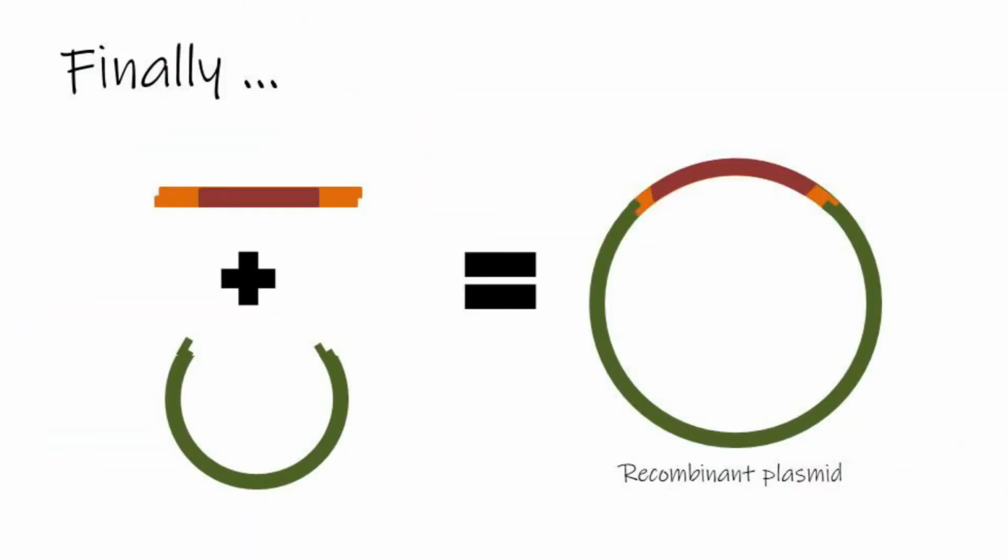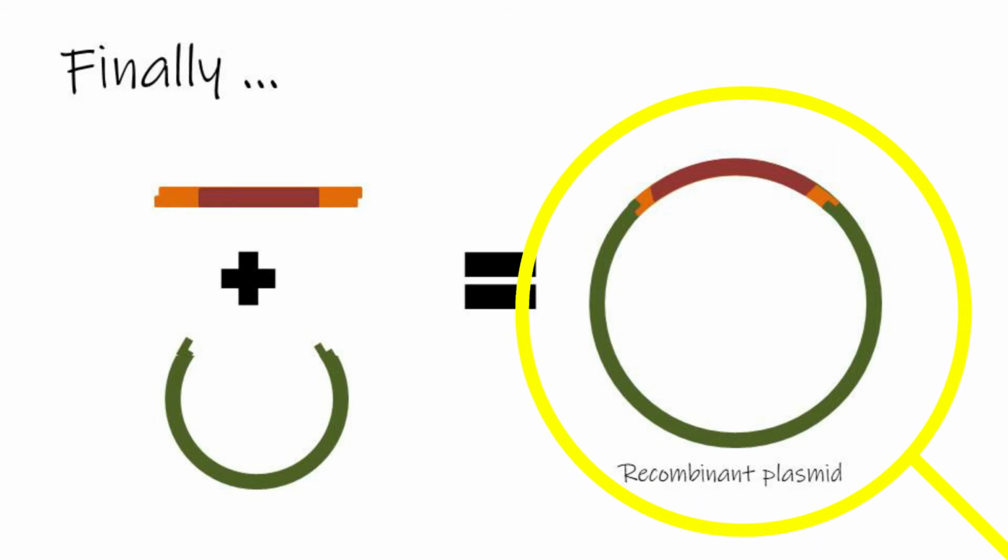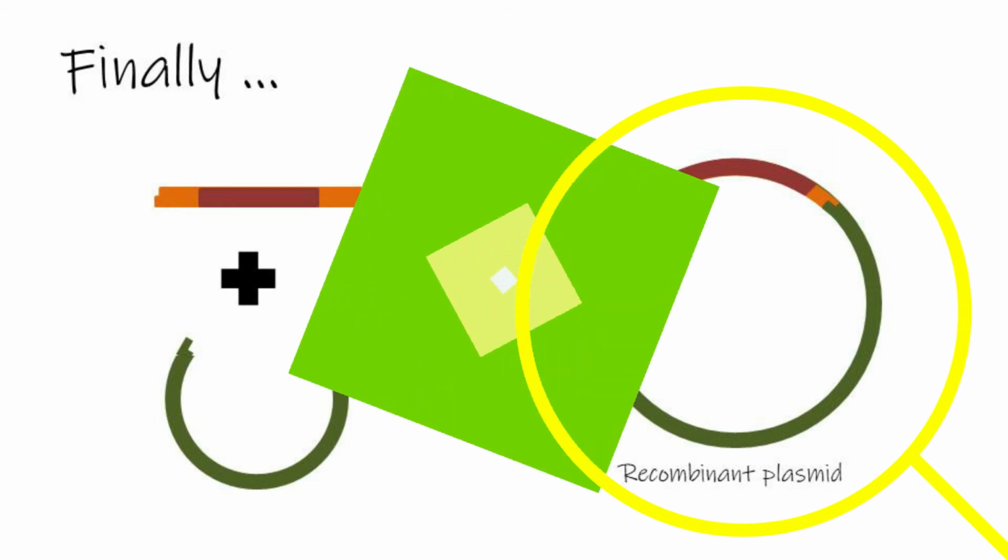Finally, use a DNA ligase to join DNA fragments and plasmids together. A DNA ligase acts like glue that catalyzes the joining of DNA fragments and the plasmids. Recombinant plasmids are formed.